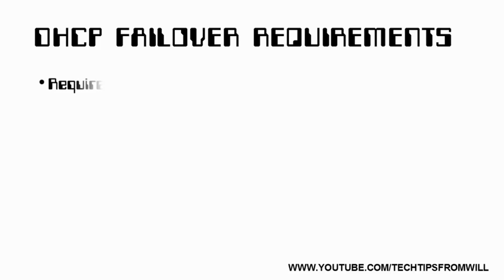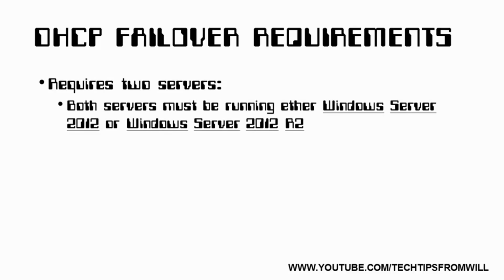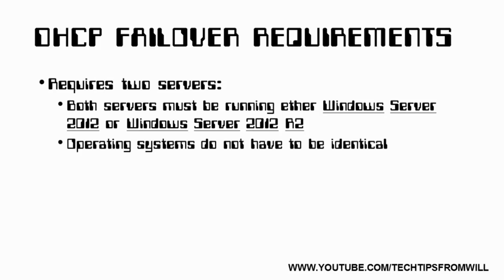DHCP Failover requires two servers to work, both of which must be running either Windows Server 2012 or Windows Server 2012 R2. It is worth noting that the operating systems used on the two servers do not have to be identical.